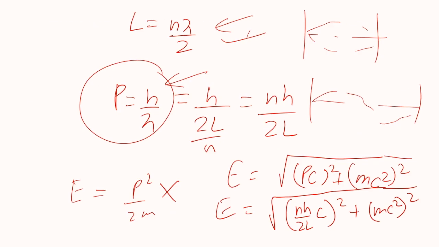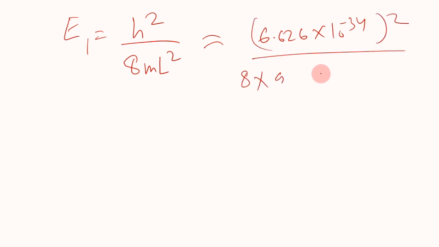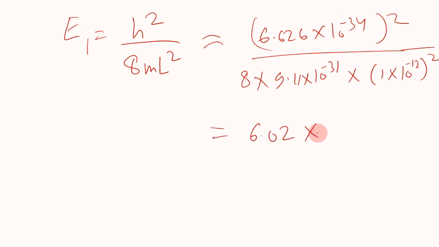For the C part, by what percentage is the non-relativistic result in error? If you take the non-relativistic expression for n is equal to 1 in a one-dimensional box and put in the values for our electron, you get 0.02 into 10 to the power minus 14 joule.